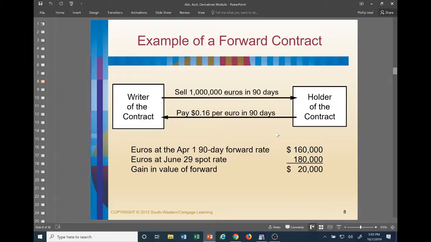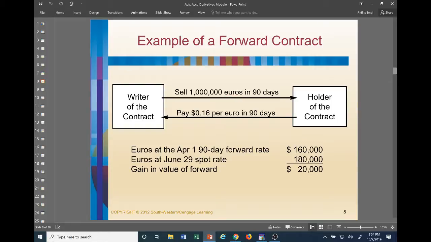But on June 29th, we're still going to pay $160,000, when in all reality it's really worth $180,000. That's why we're getting the gain of $20,000, because the holder could buy foreign currencies for $160,000 on the forward date, compared to the spot value of $180,000 at the time, and experience an immediate $20,000 gain.